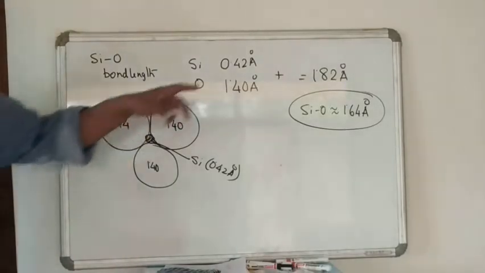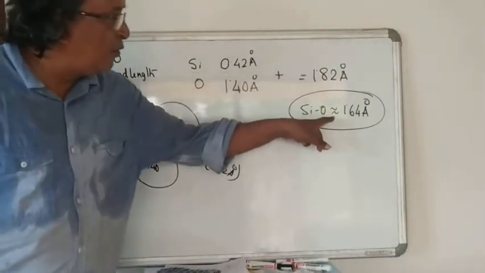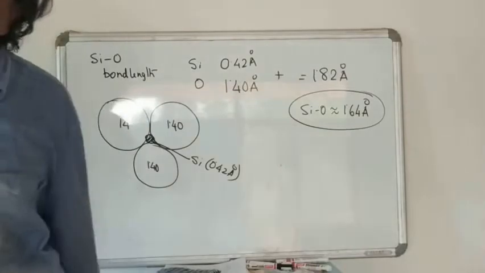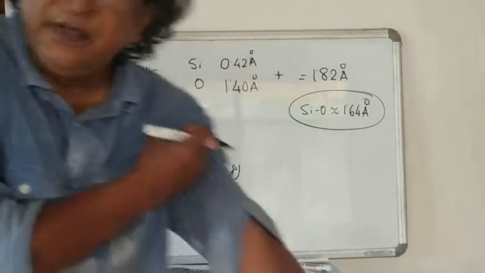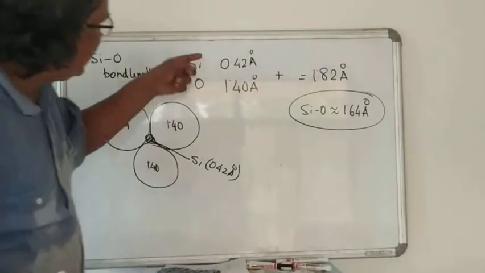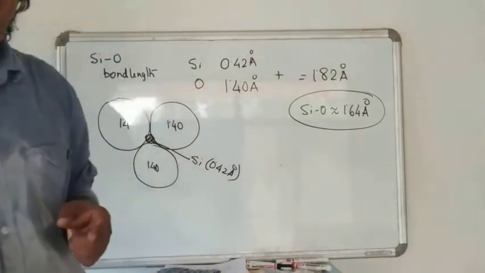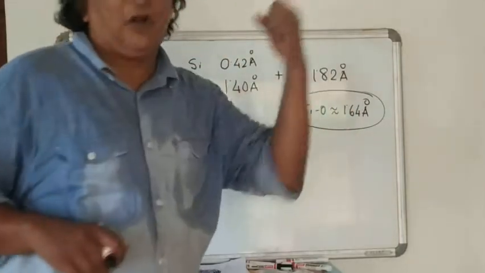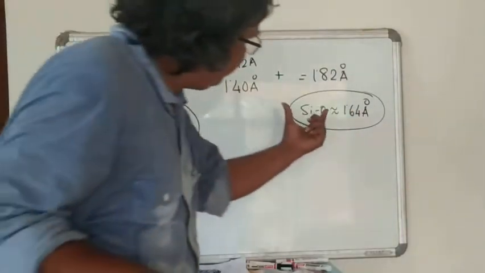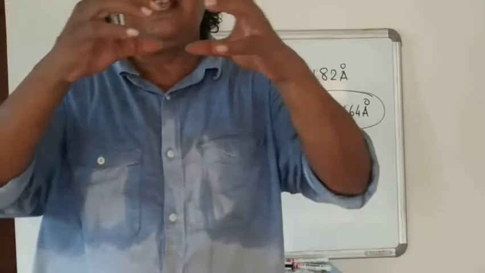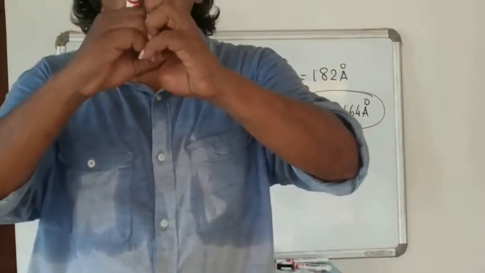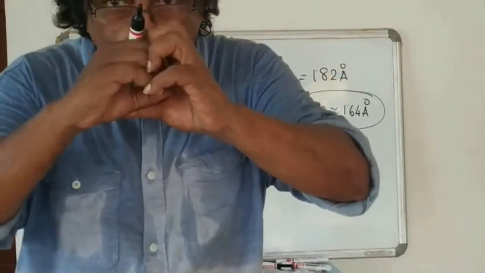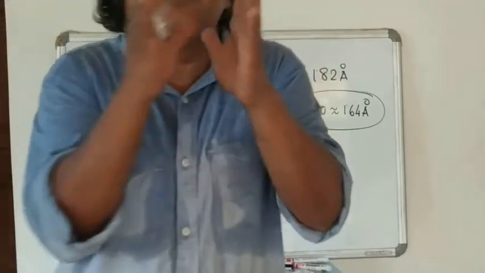It's not 1.82 angstroms, it's 1.64 angstroms. Why? It is because silicon and oxygen do not behave as an ionic bond. They behave as a covalent bond. So the oxygen and silicon clouds overlap and go inside. So it's not 1.82, it's 1.64 angstroms.